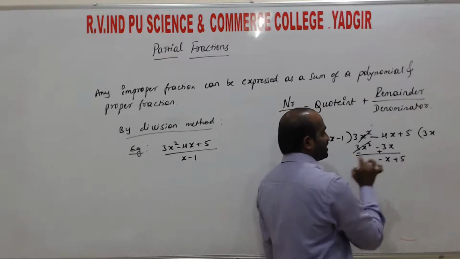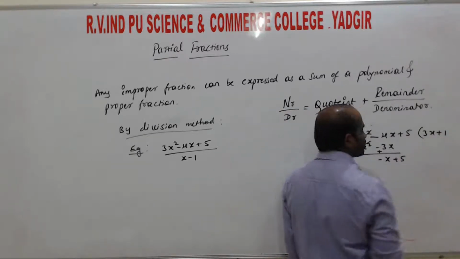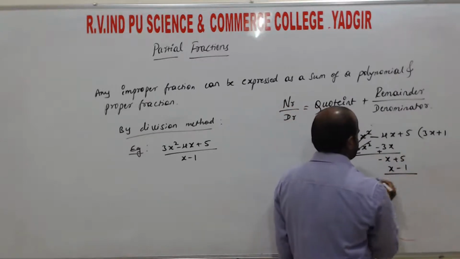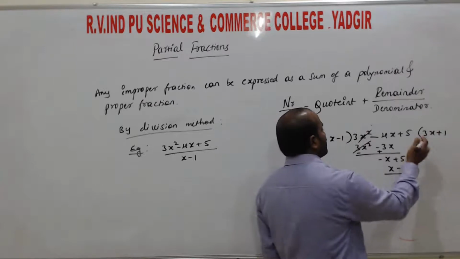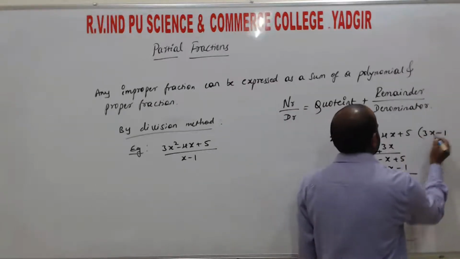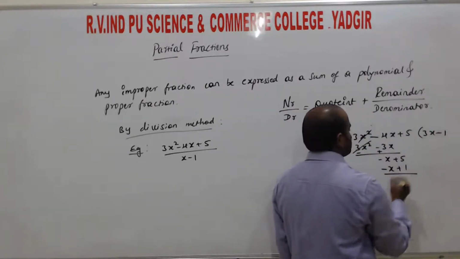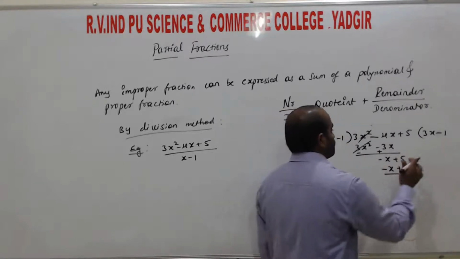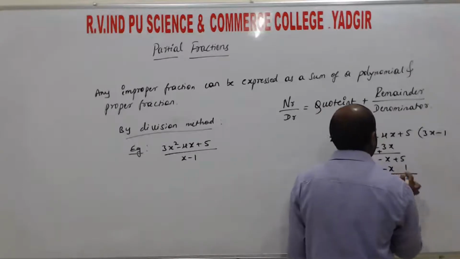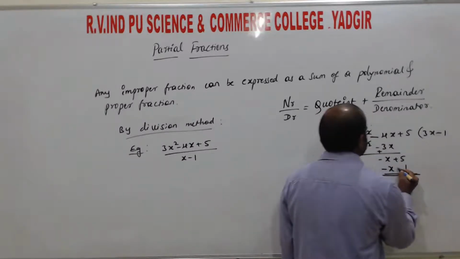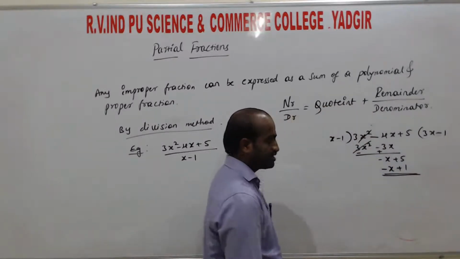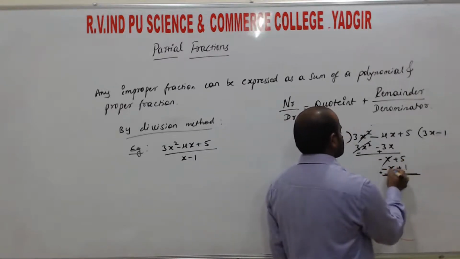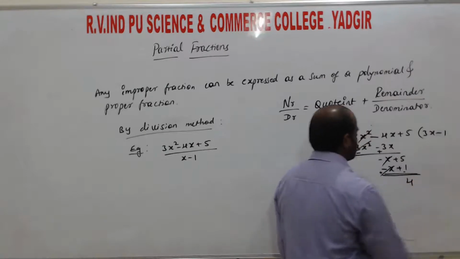Then minus x, into 1 gives minus x plus 1. Change sign, 5 minus 1 is 4.